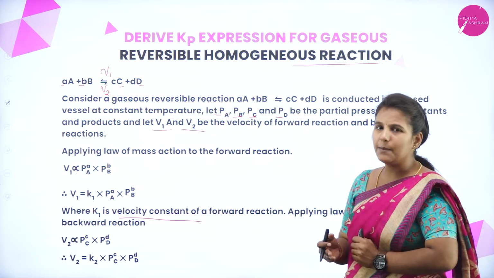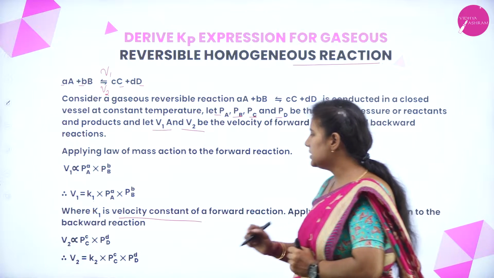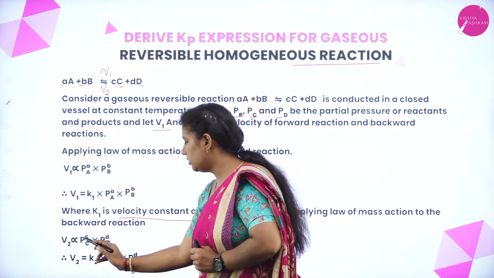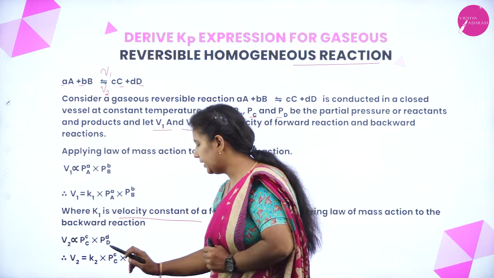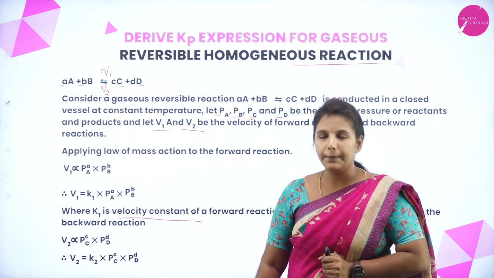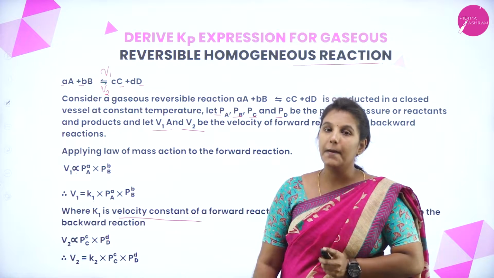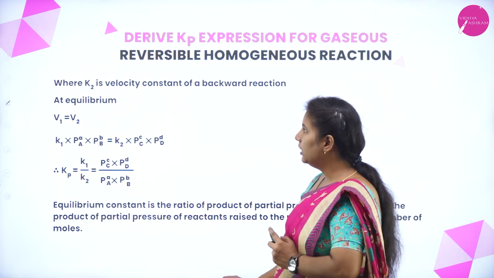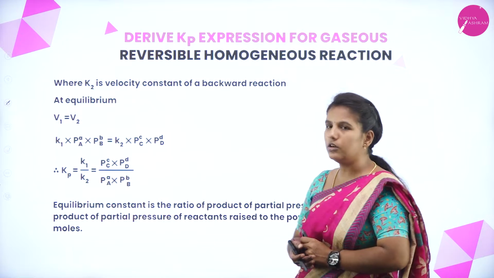Now let us apply the law of mass action for the backward reaction. That is, V2 is directly proportional to Pc^c into Pd^d, or V2 is equal to K2 into Pc^c into Pd^d, where K2 is again a velocity constant, for the backward reaction. Now we know that at equilibrium, V1 will be equal to V2.